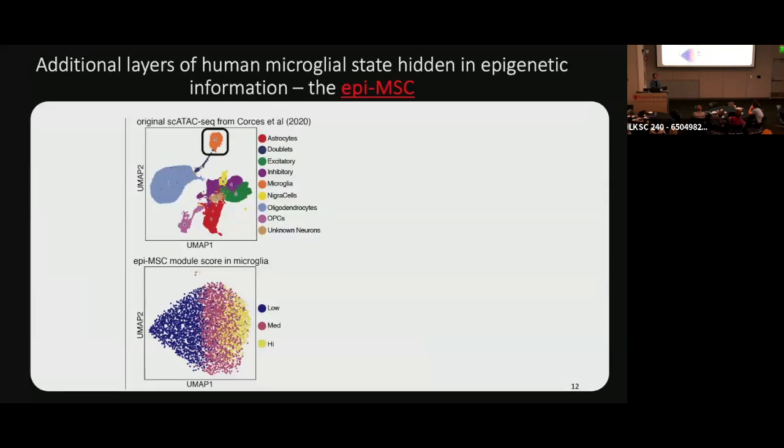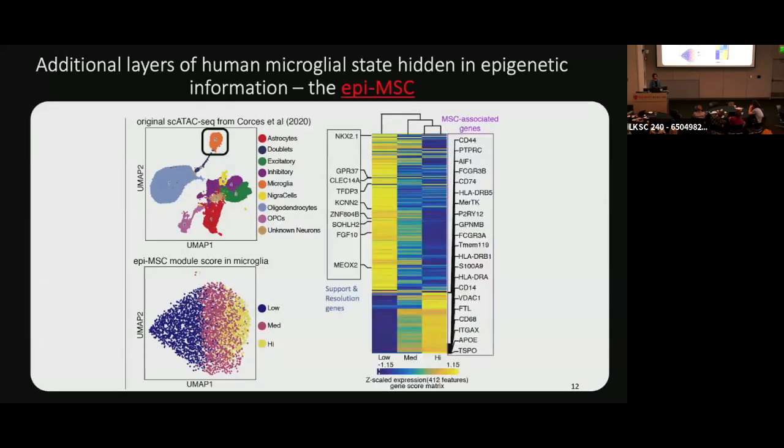And then when we break down the actual gene contributions to these different clusters, on the right side of this heat map, you can see that all of our MSC associated proteins, the proteins that we were looking at in the MSC earlier, all those associated genes fall into this high cluster, which is also interesting. And the genes that fell into this more epigenetic MSC low cluster were primarily focused around neuronal support and immune resolution genes.